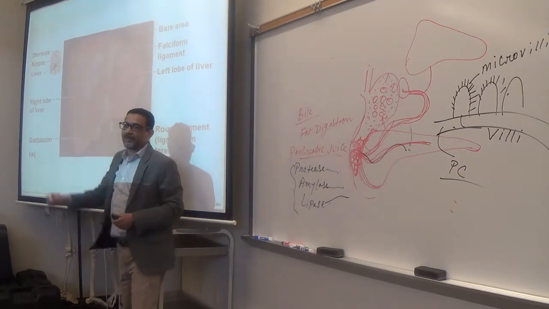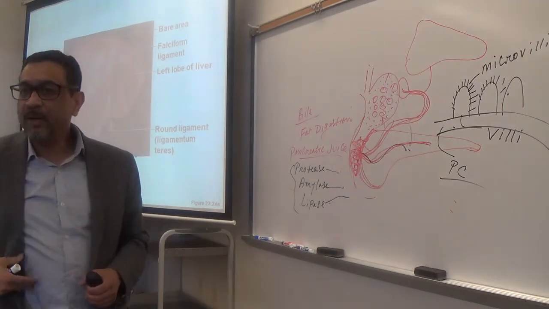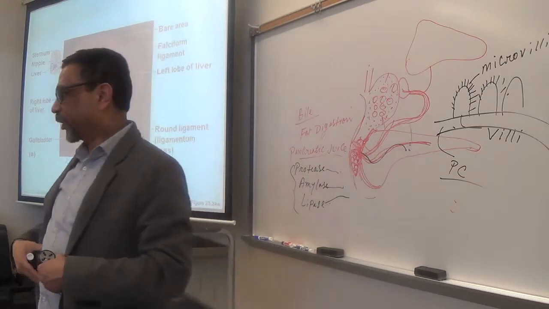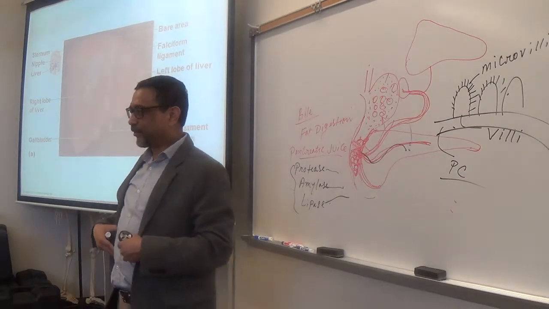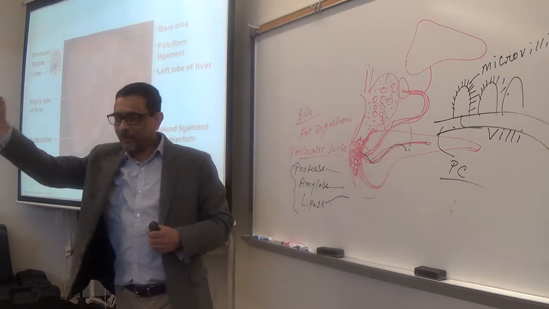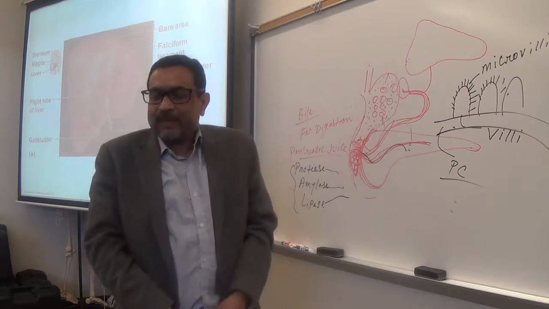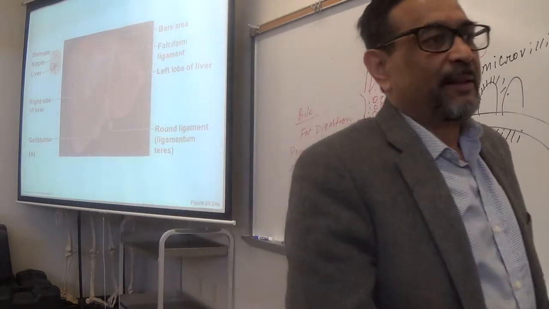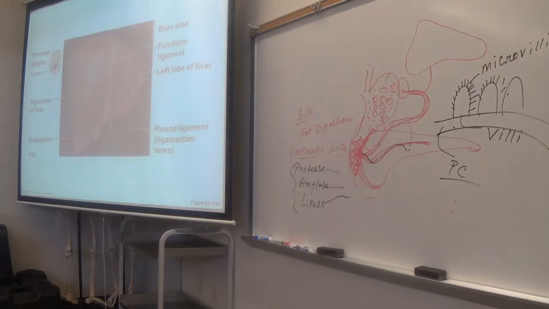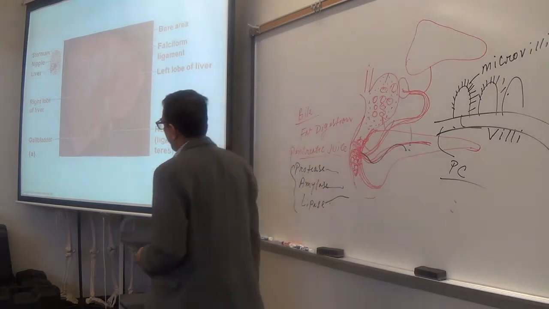The ligament attaches the liver to the abdominal wall. Because the liver is big, it must be tied to the body wall. Otherwise it will go down, it will move away. So the falciform ligament ties the liver to the abdominal wall.